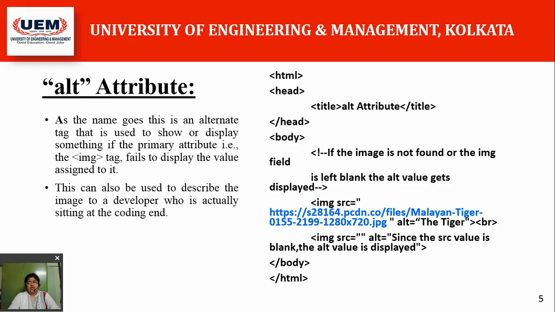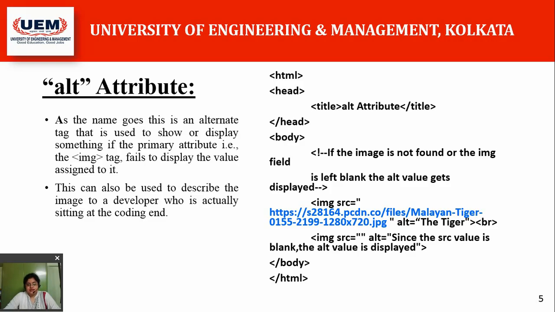If you can see in this particular code, the first img tag includes a particular image, but in the second image tag, the source is empty. For that, we will see later how to display it. But for now, just focus on the code.